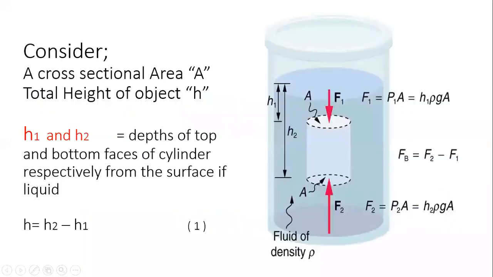The next is we have to consider some things for the derivation. The first one is a cross-sectional area A. This is having area A, and the total height of this body is h.